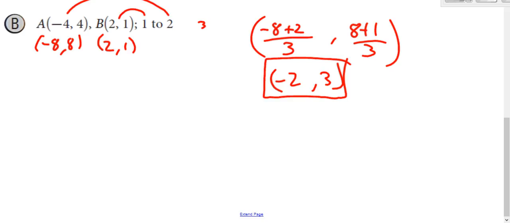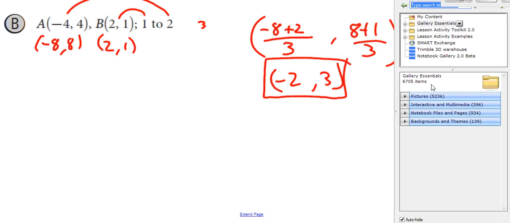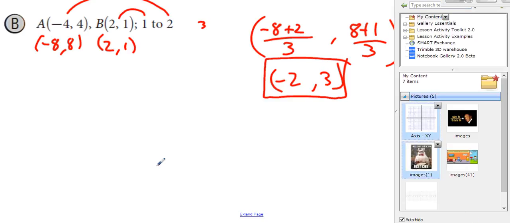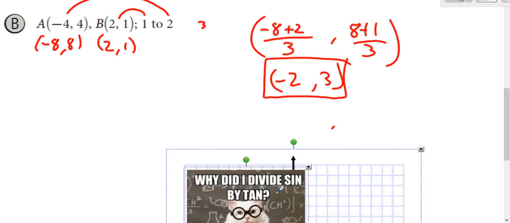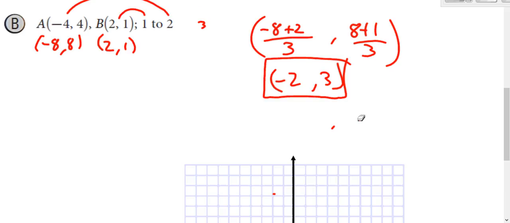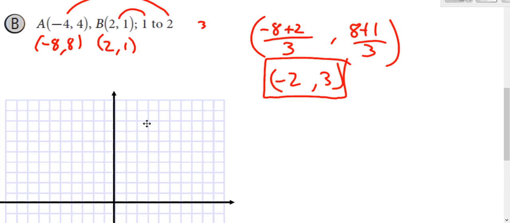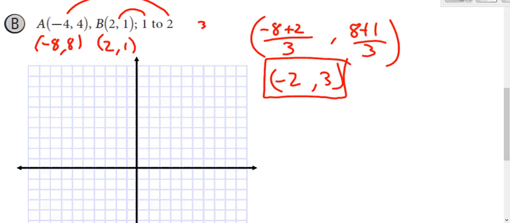Again, if you were to plot this, this time I actually will. Negative 4, 4. There's point A. B is 2, 1. And then this point, negative 2, 3, is right there.